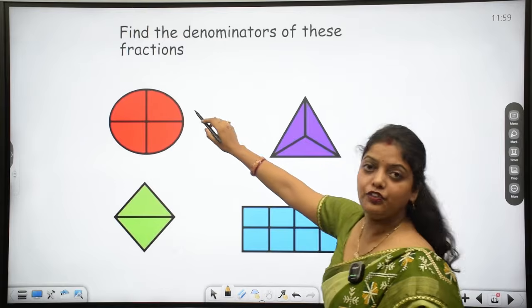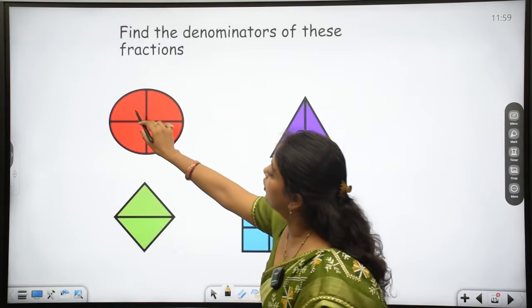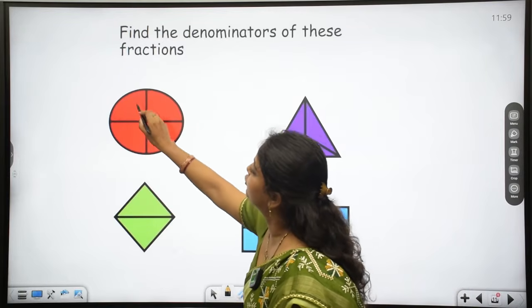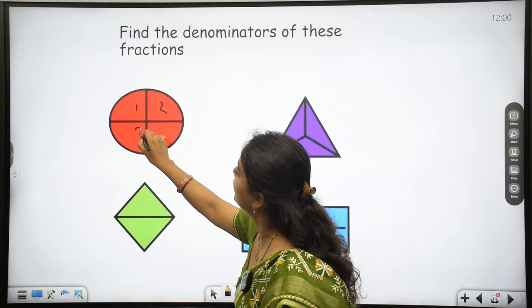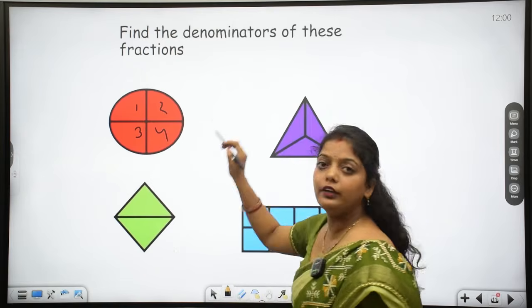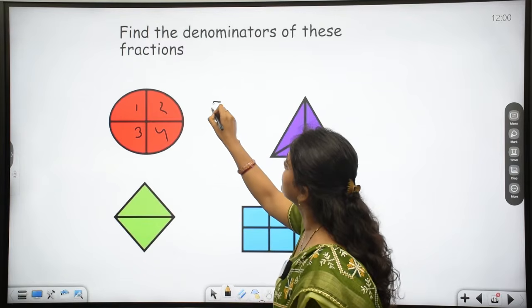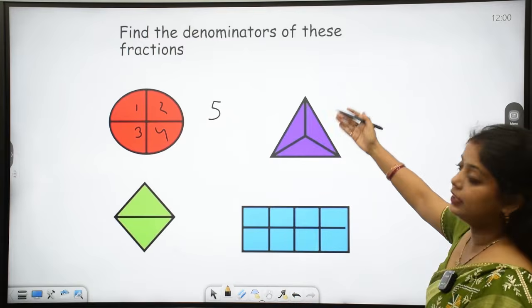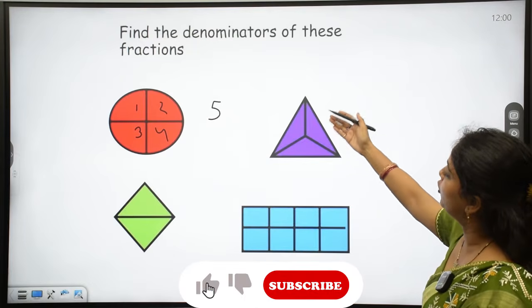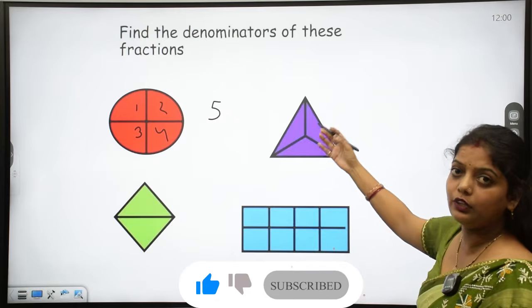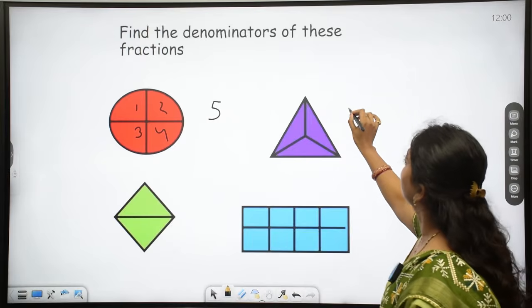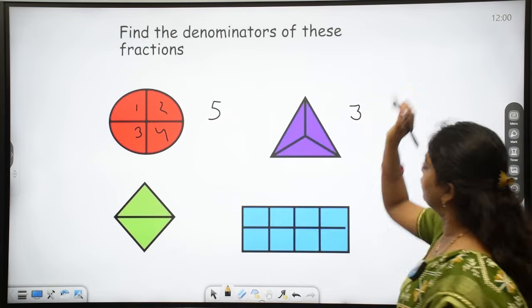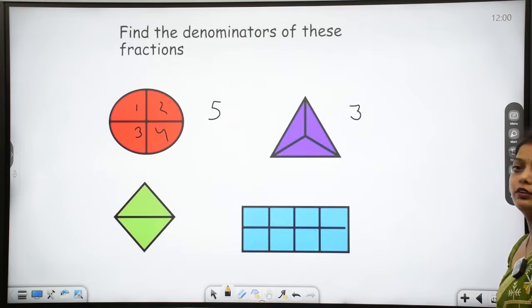In this first figure we can see this circle is divided into 5 equal parts. That means the denominator of this one is 5. Similarly, this triangle is divided into 3 equal parts. That means the denominator of this shape is 3.